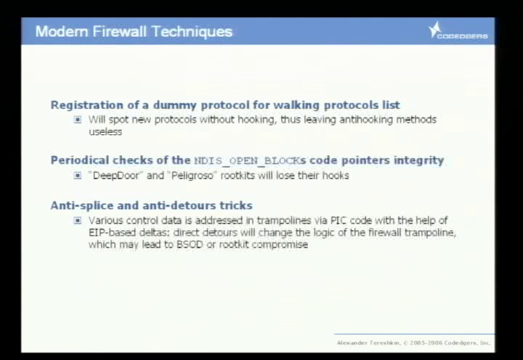This way, Deep Door and Peligrosa rootkits may lose their hooks because the firewalls just repatch the original pointers in these structures, like in this open block and this protocol block.